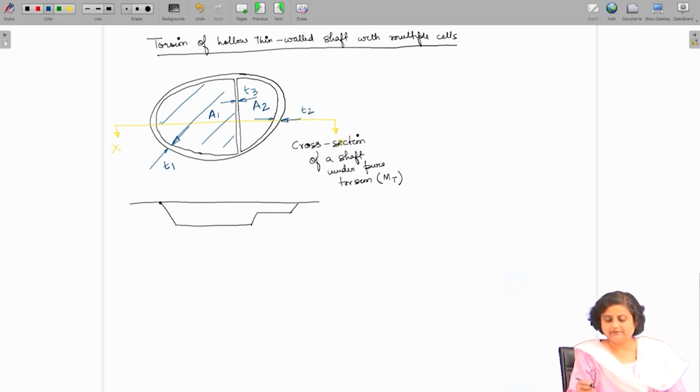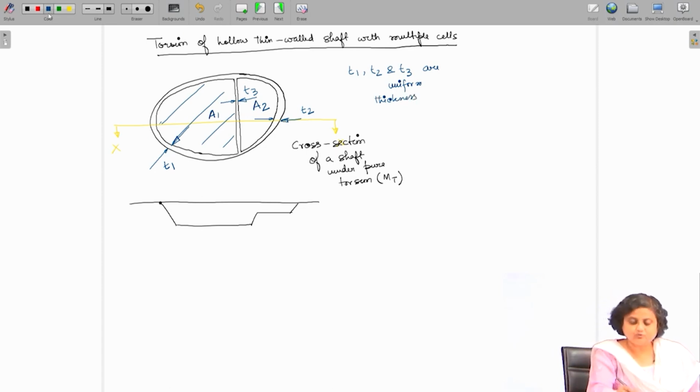Though I have not drawn them to be uniform, let all these thicknesses be uniform. We can also do with variable thicknesses, but generally in real life cases the thicknesses are uniform.